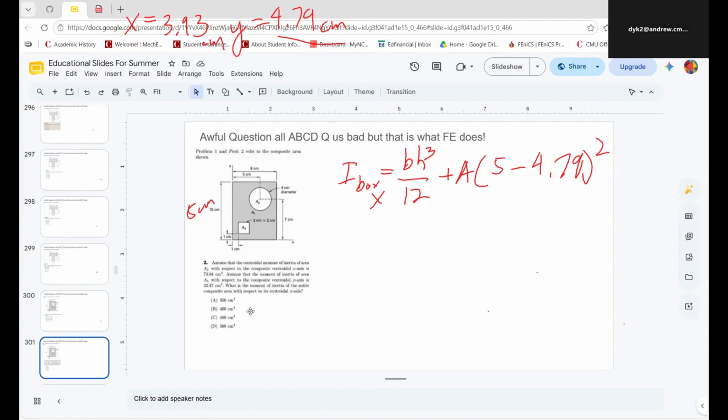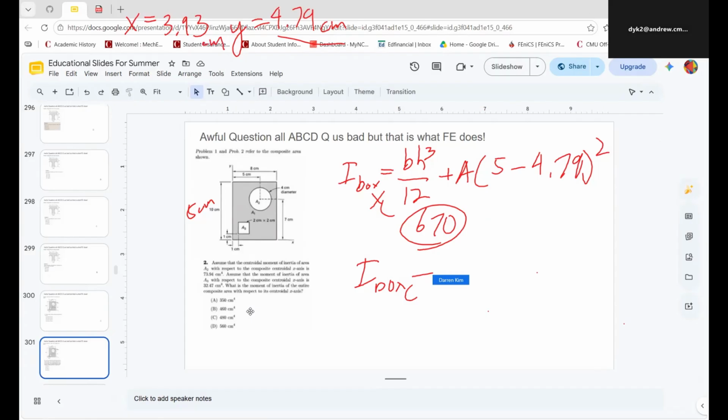I'm going to my calculator. 8 multiplied by h, which is 10, to the power of 3, divided by 12. Plus 80, parentheses 5 minus y, which I thought was 3 earlier. And then that equals about 670. That's the box, minus whatever this was.